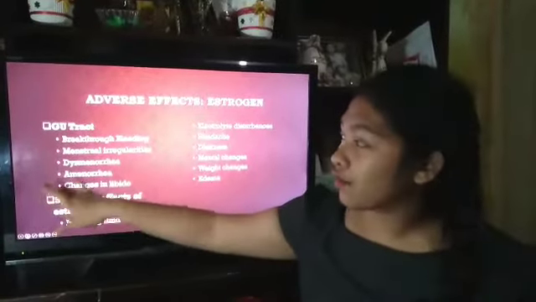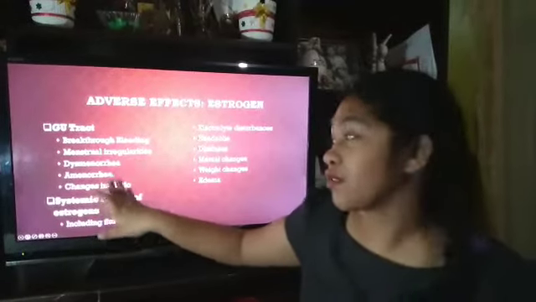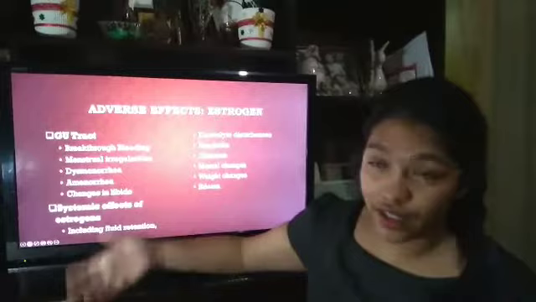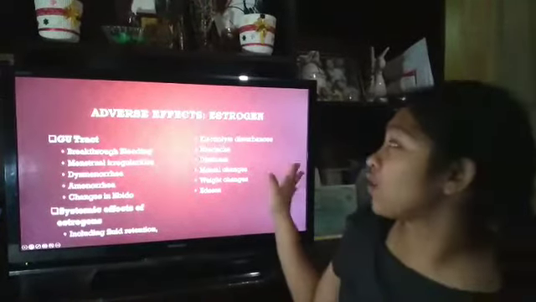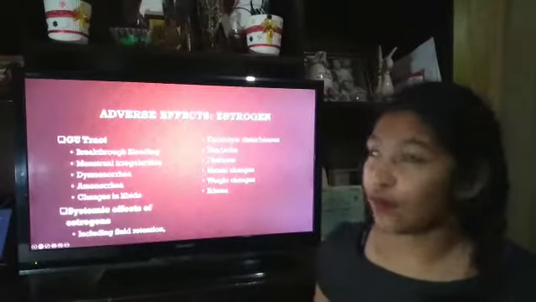GU tract effects: breakthrough bleeding, menstrual irregularities, dysmenorrhea, amenorrhea, or the absence of menstruation, and changes in libido or sexual desire. Systemic effects of estrogens include fluid retention, electrolyte disturbances, headache, dizziness, mental changes, weight changes, and edema.